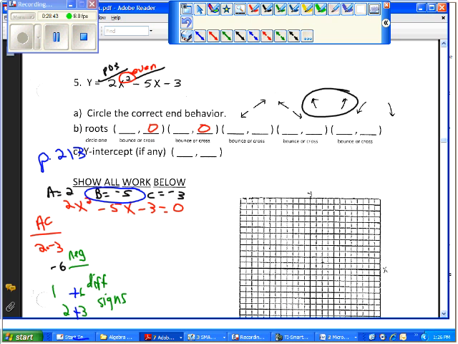And I'm going to highlight that as I go. The larger sign needs to be negative. They need to be different signs and negative. Different signs with the larger negative.